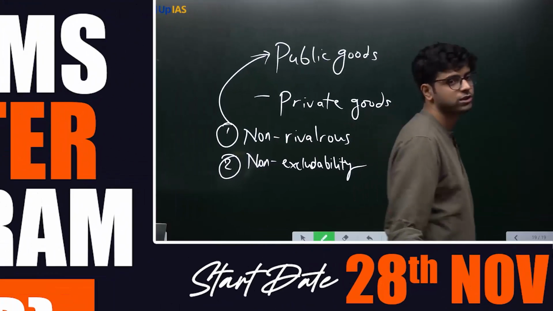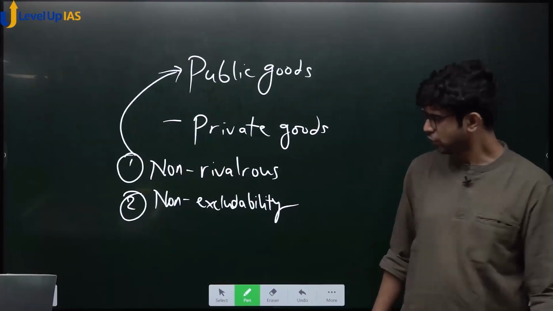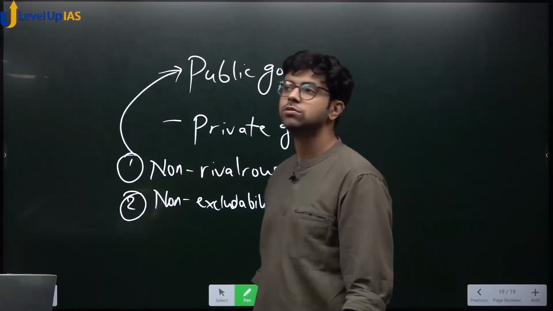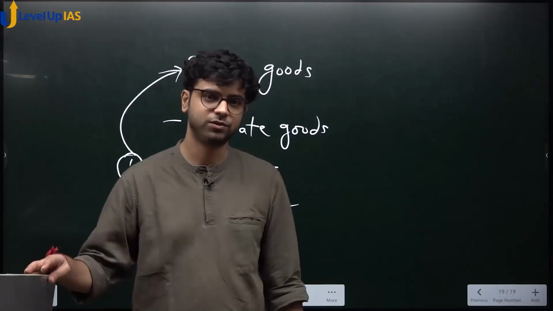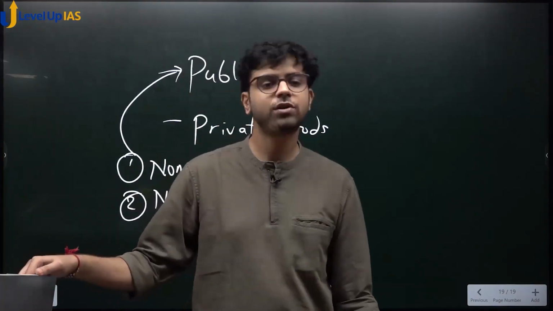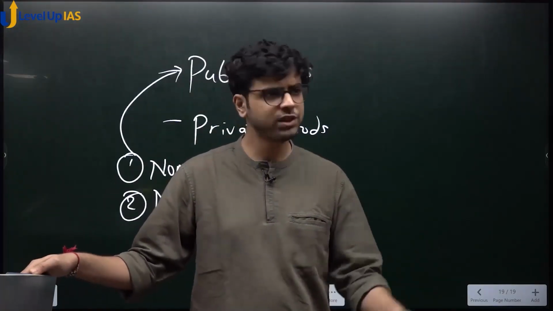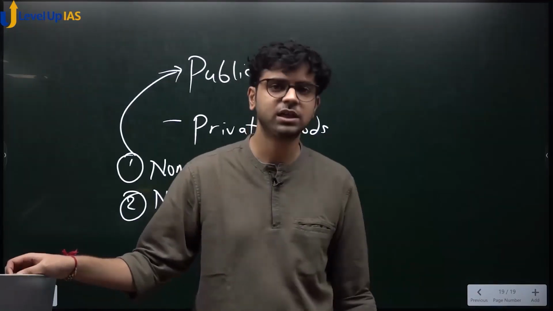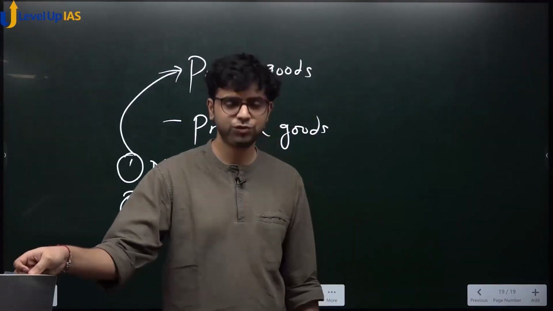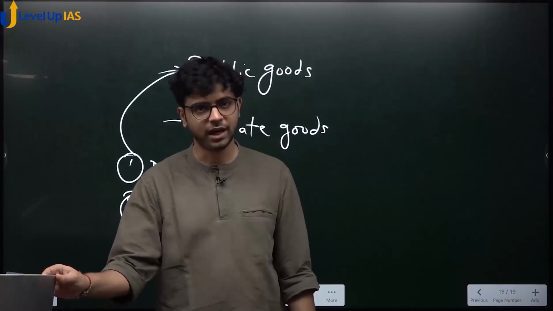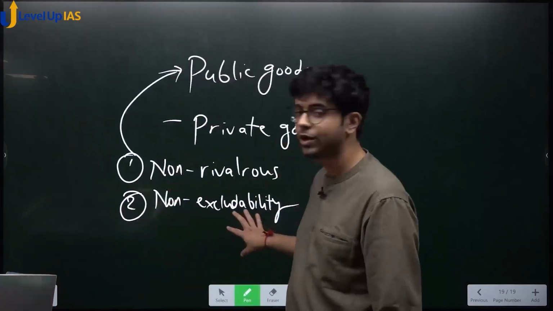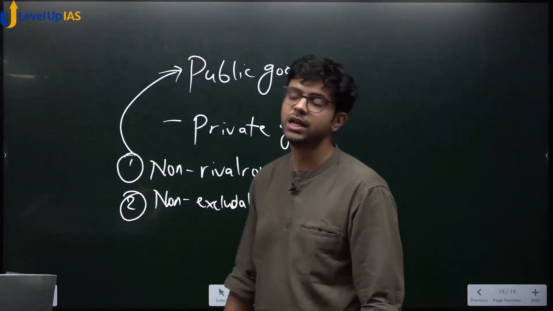It should be non-excludable. Sir, what do you mean by non-excludability? You cannot stop anyone from using that good. In a national park, you cannot stop anyone. Unless someone is doing a crime or something, that's a different thing. But government cannot stop anyone. We have non-discrimination, fundamental rights also. So non-excludable means you cannot exclude anyone based on any condition.